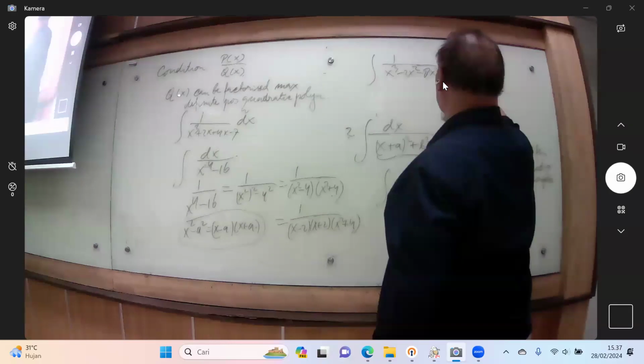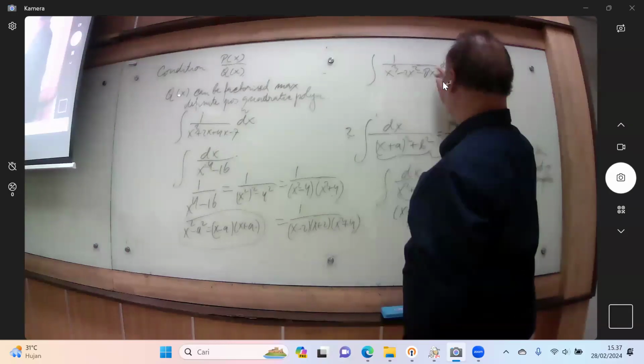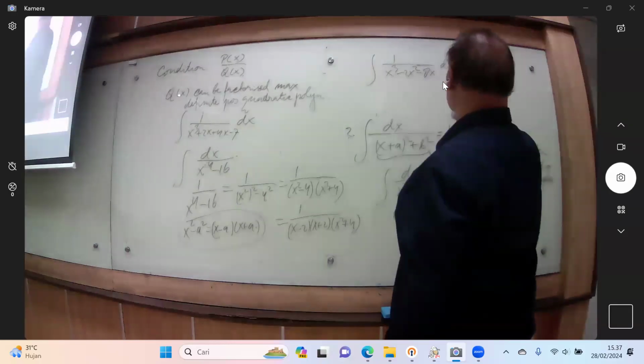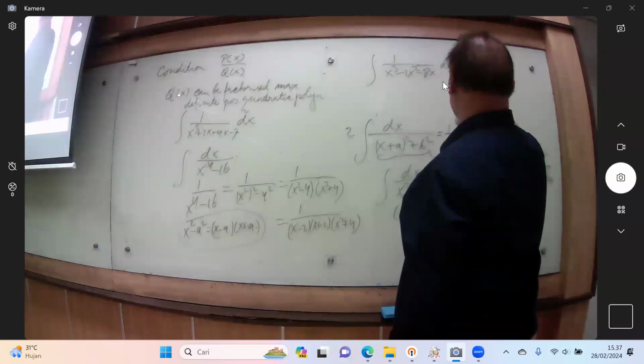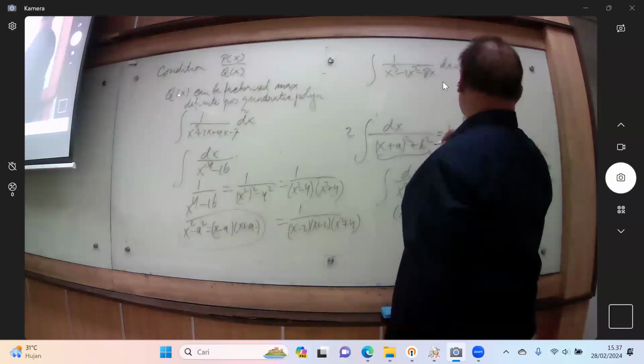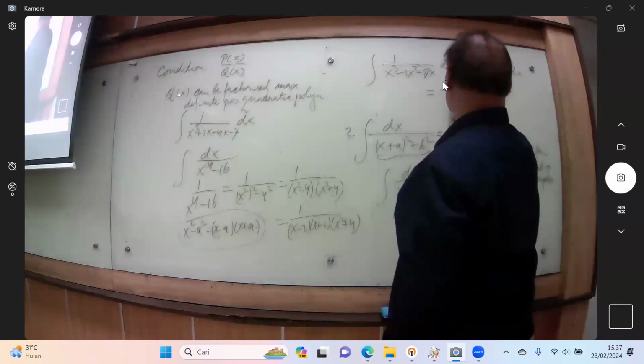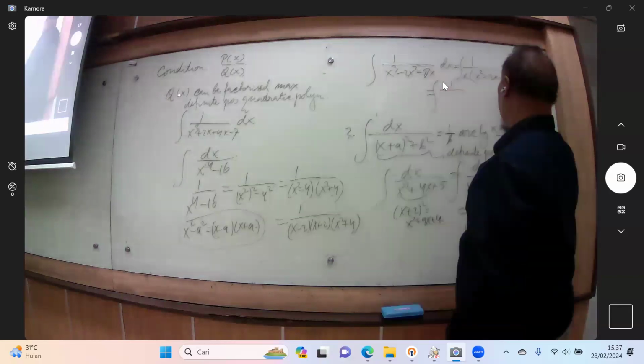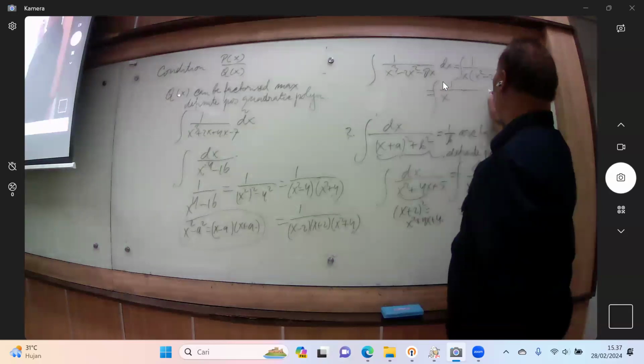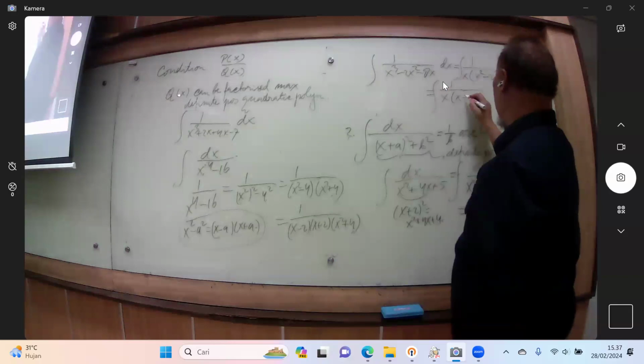Then we can write x multiplied by (x squared minus 2x minus 8) dx. Now the x squared minus 2x minus 8 is (x minus 4)(x plus 2).